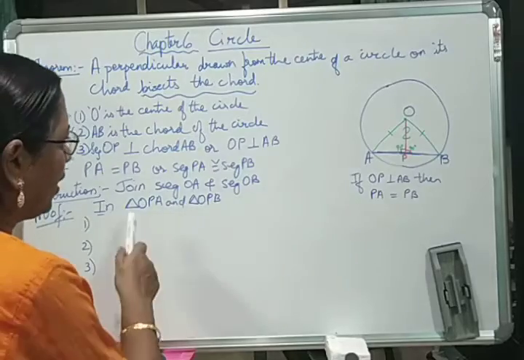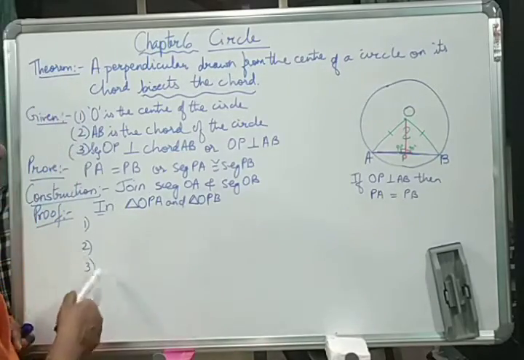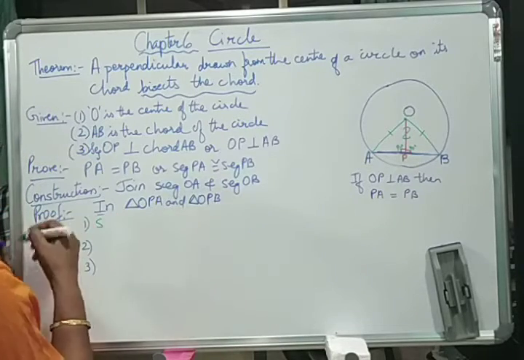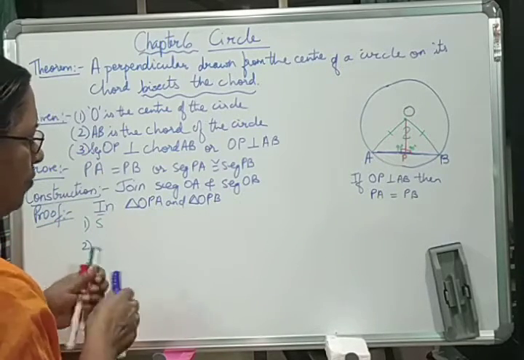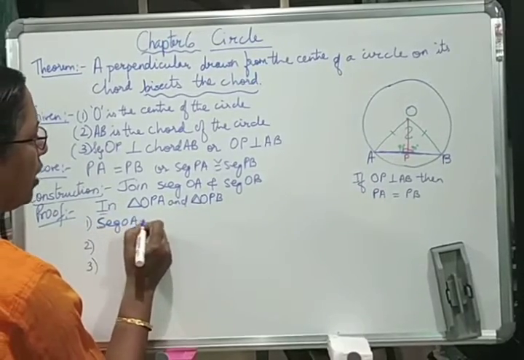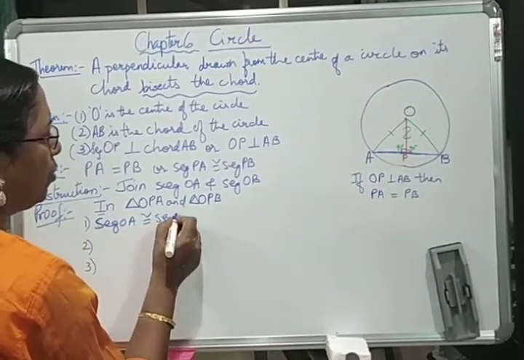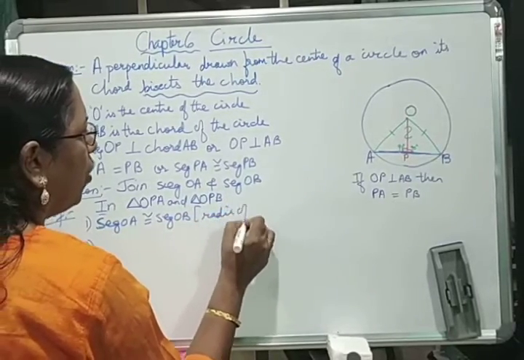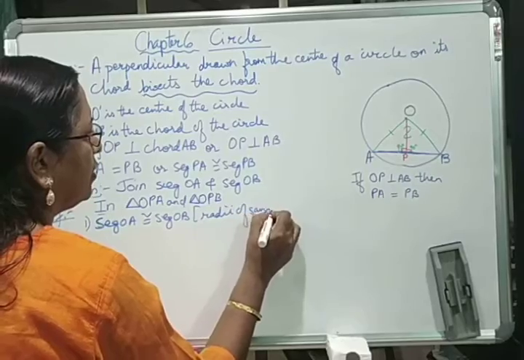So now we are writing two triangles with three statements. First one, segment OA congruent to segment OB, radii of same circle.